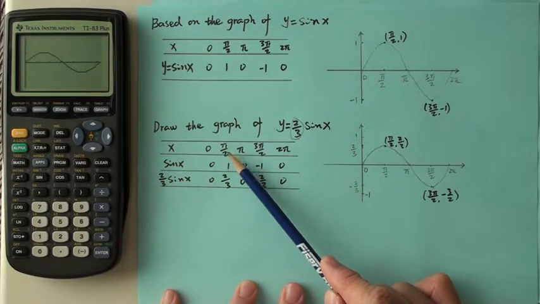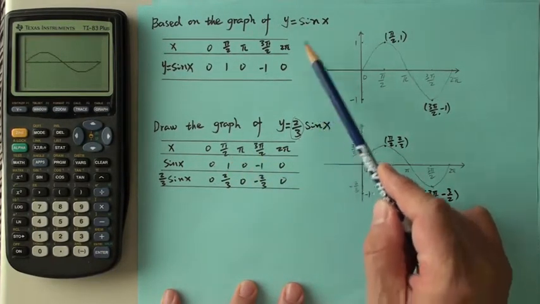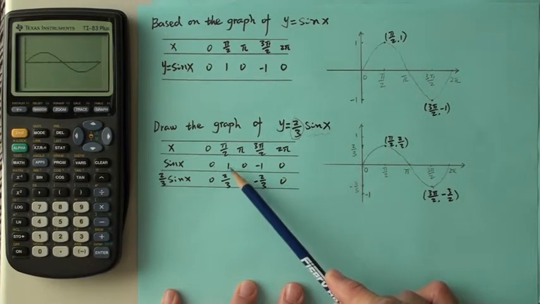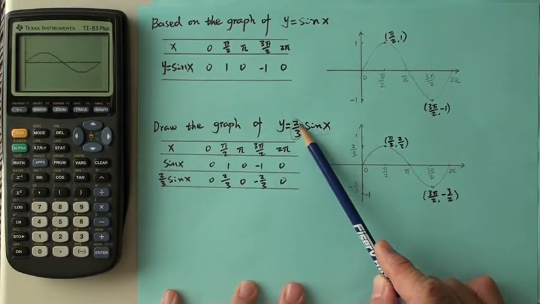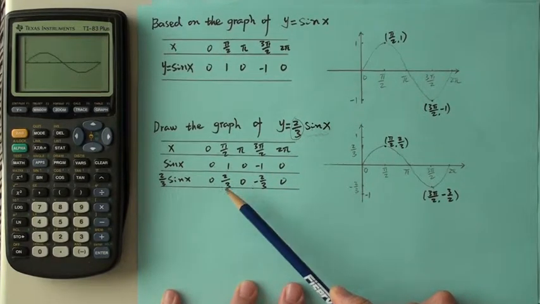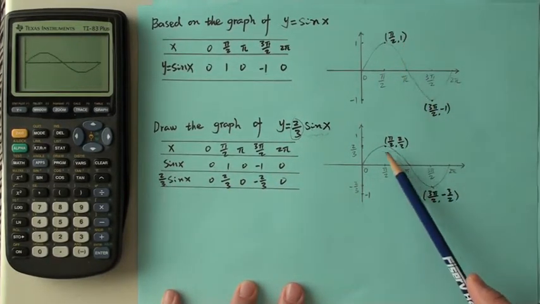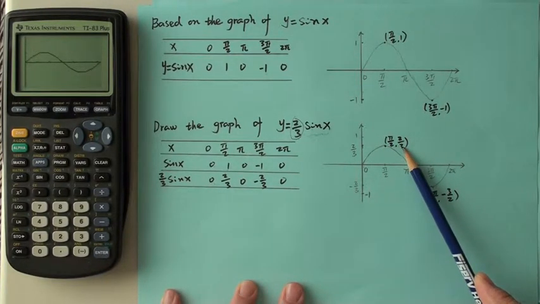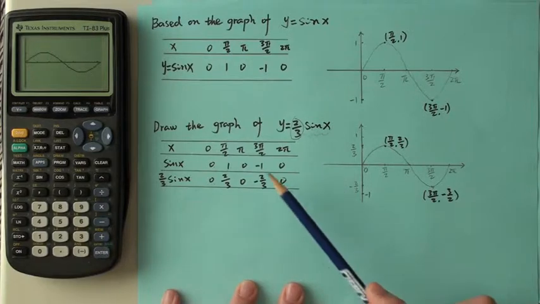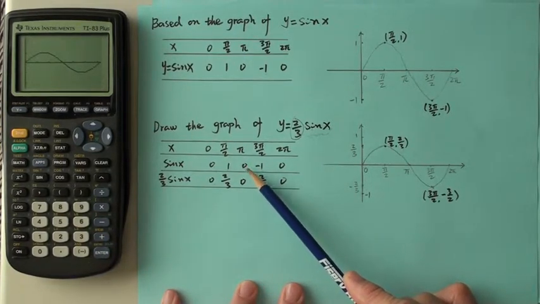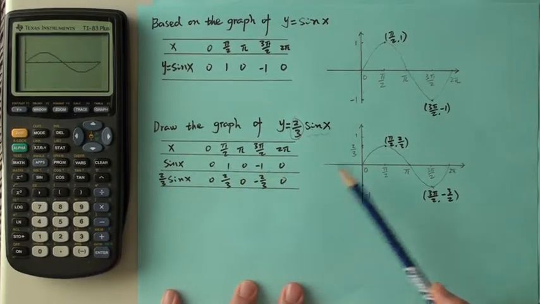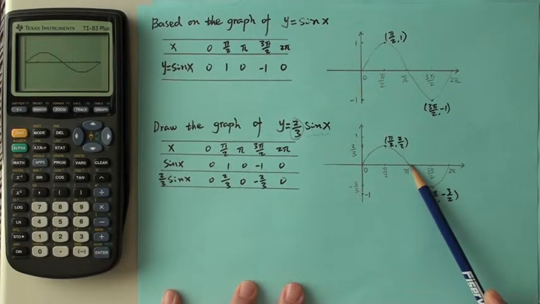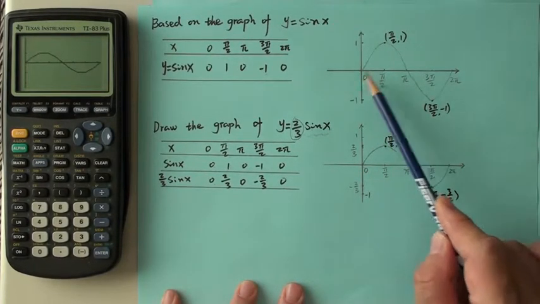When x equals pi over 2, you still get 1, but 1 needs to times 2/3. So the highest point, rather than 1, shrinks down to 2/3. And when x is pi, sine x is 0, and 0 times 2/3 is still 0. Okay? So the x-intercepts are the same: 0, pi, 2 pi.